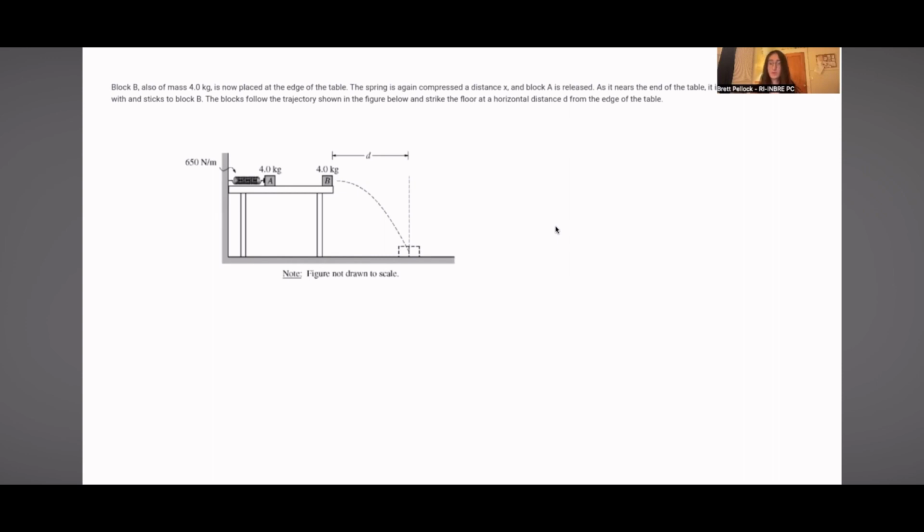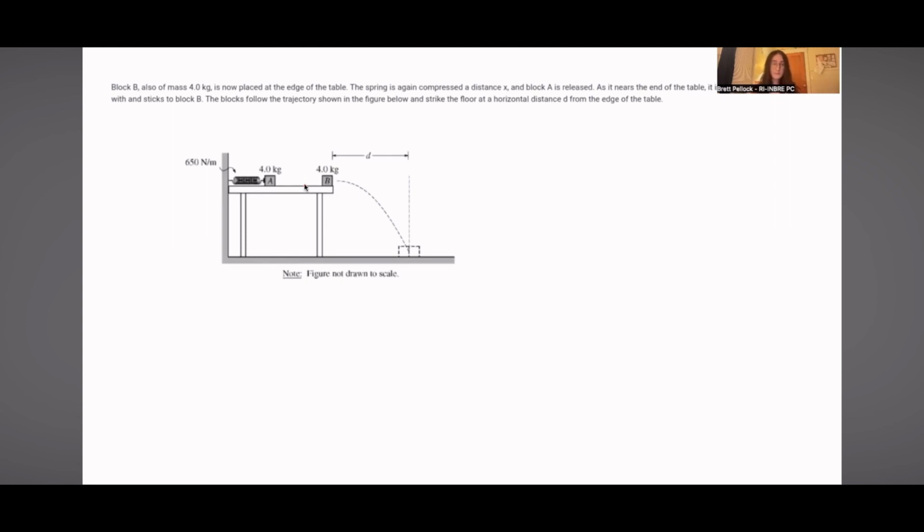Now, there's a lot of important information packed into here that we should take note of. Firstly, it being that this spring is still compressed to the same amount as previously. So that means this block A will have the same velocity that we calculated for part C. In addition, this is still the same table, so it's still the same height, and that means that we'll still have the same time that we calculated in part A. Furthermore, since it's still the same situation, the situation with frictional forces is also the same.